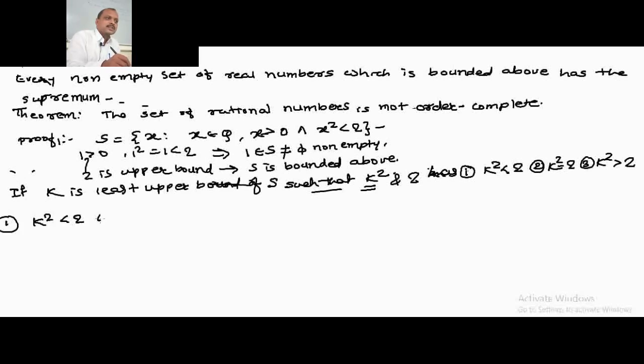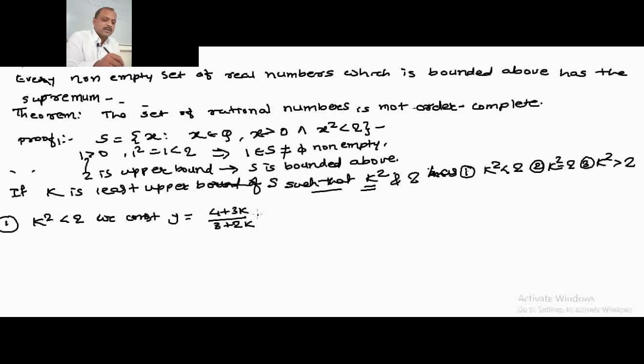Now we construct one number. Suppose y is equal to (4 plus 3k) divided by (3 plus 2k). Now you can see that y is a rational number.